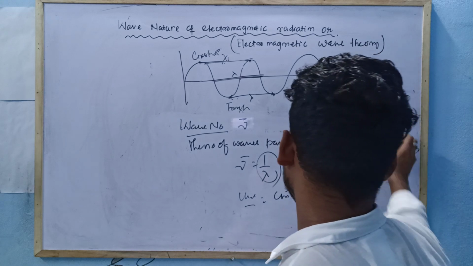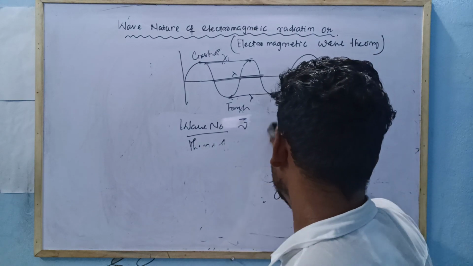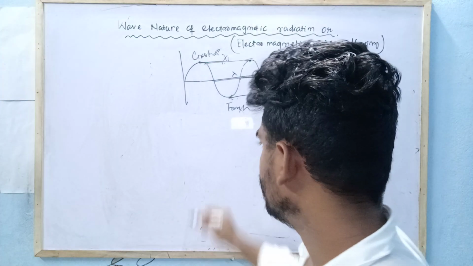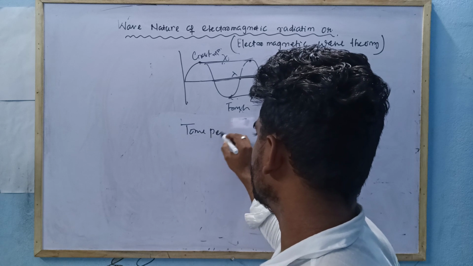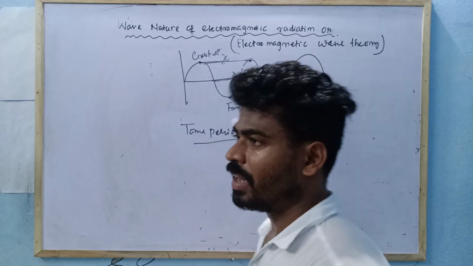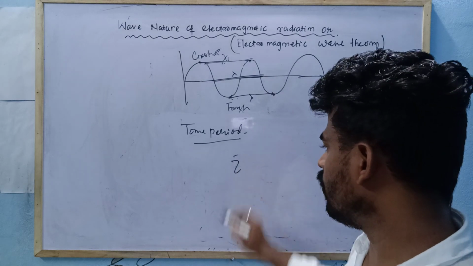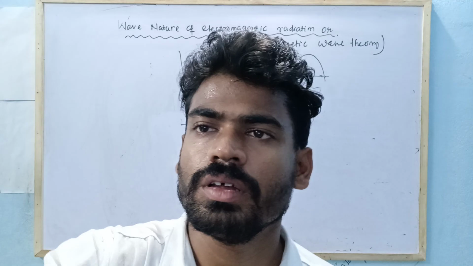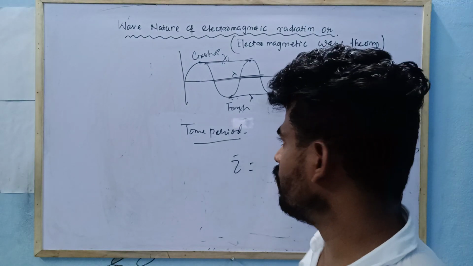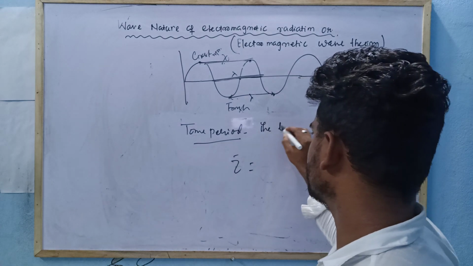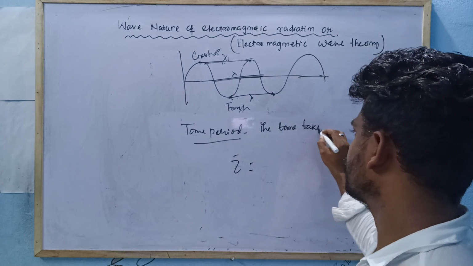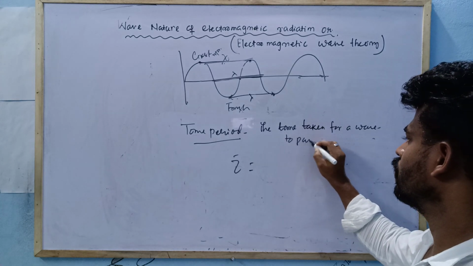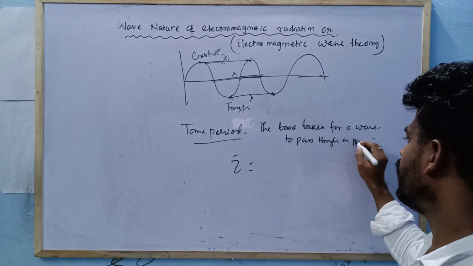Now another parameter is your time period, represented by tau bar. The time period is the time taken for one wave to pass through a point.